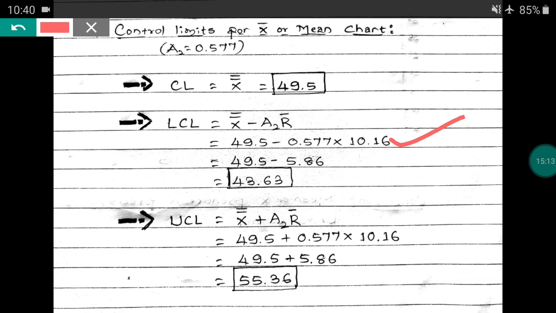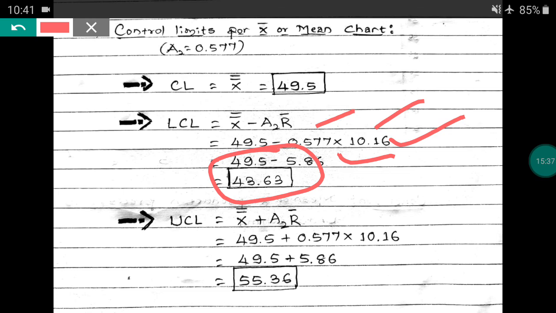Now 49.5 minus 5.86. How does it come? 0.577 into 10 equals 5.86, and 49.5 minus 5.86, we have got 43.63. Okay, this is the LCL.